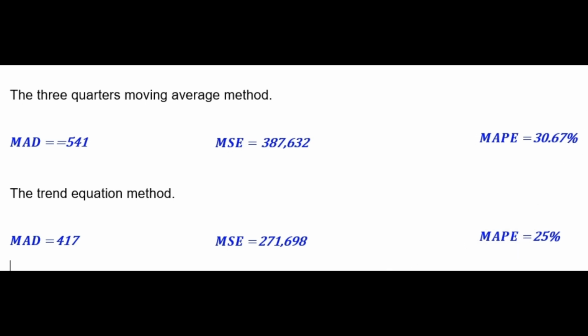So in conclusion, the trend line equation method has error less than that of the 3-quarter moving average method, and this is proved by calculation of the forecasting accuracy using 3 different measures. So this means that the trend equation method is more accurate. So in the future, this method is suitable for the calculation of the demand forecast for this company given the historical data we used for calculation.